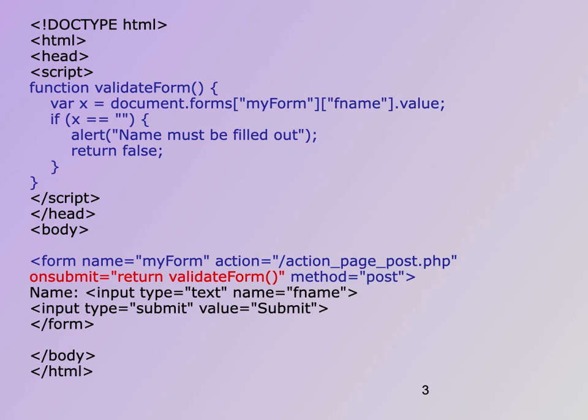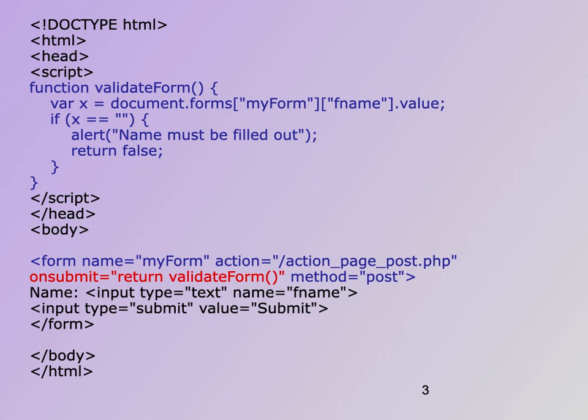See, in our form, that is in the body, the form tag has name equal to myForm, and the action page is specified here, a PHP file, that we will be discussing in our fourth or fifth module. Then another property is there, onsubmit equal to return validateForm.